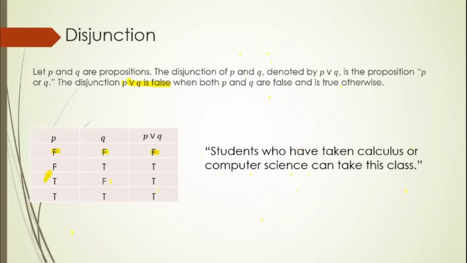Okay, so we have the negation here. So for this one, we're going to negate this. Students who have not taken calculus but taken computer science can take this class. Okay. How do we make the first statement both false?